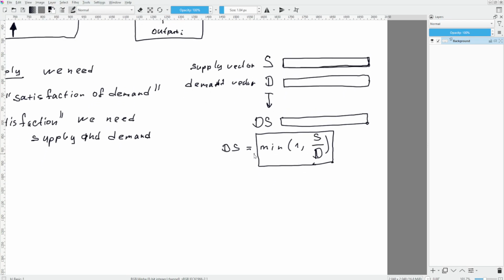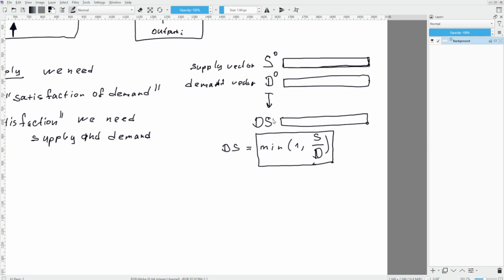But now we can use this satisfaction of demand to recalculate supply, right? Because the production requires current satisfaction of demand. So let's say that this was supply 0, demand 0.